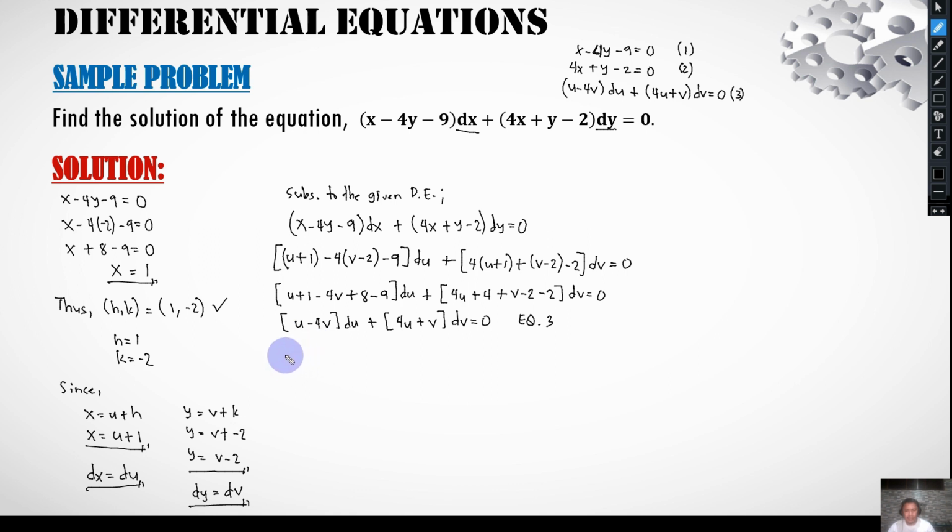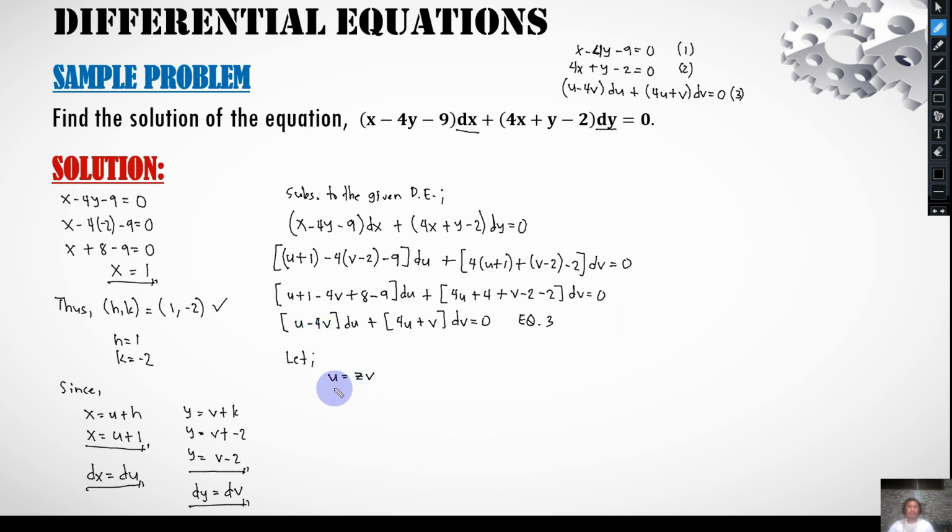So we are going to let u is equal now to z times v. So ito yung magiging assumption natin. Dito mag-i-introduce tayo ng variable z para ma-solve natin itong equation 3 by substitution.